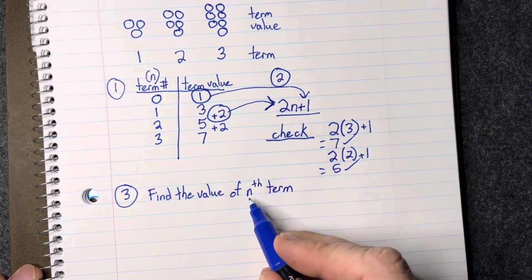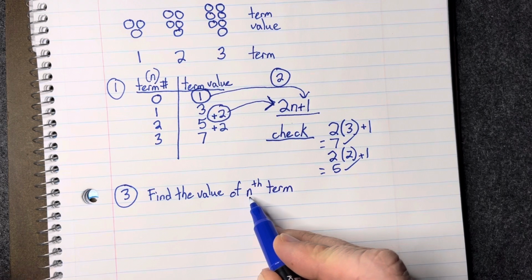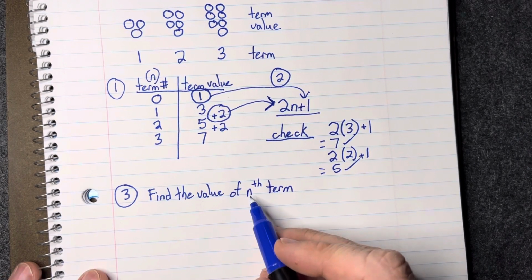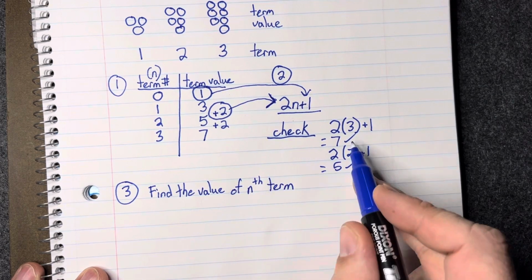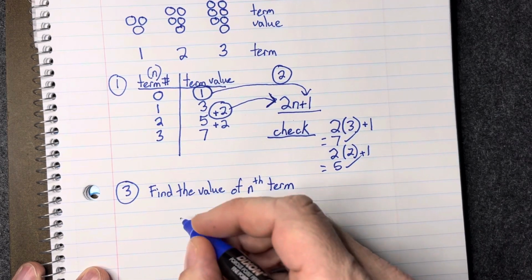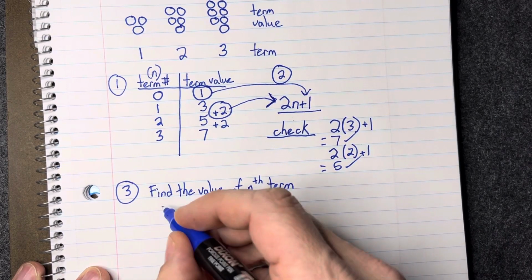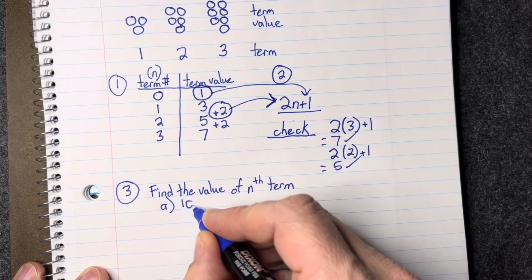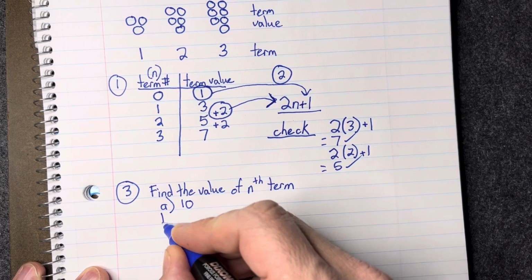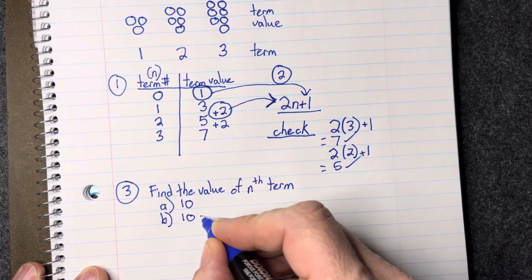Okay, so what that means is it could be anything: the third, the fourth, the fifth, the sixth, the seventh, the 100th, anything. So all you're going to do is take the term number that you're looking for and put it in place of the n like we did here. So in this case, find the value of the nth term. Let's say a might be the 10th term, right? B might be the 100th term.